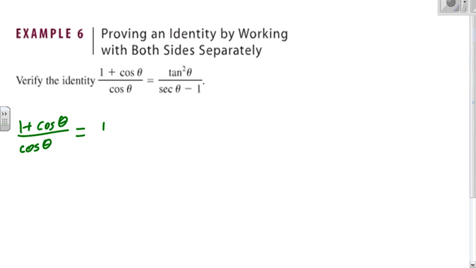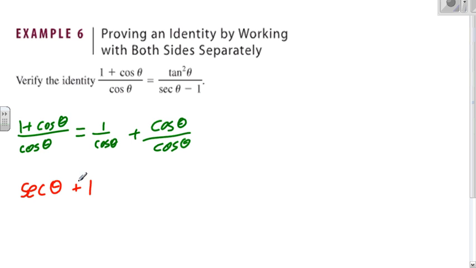So we have 1 over cosine plus cosine over cosine. 1 over cosine is secant, and cosine over cosine is 1, so this is just secant plus 1.